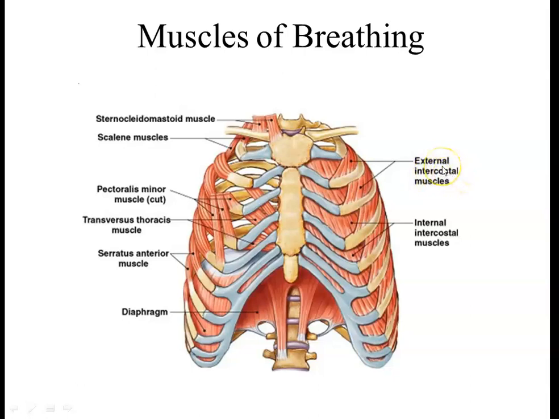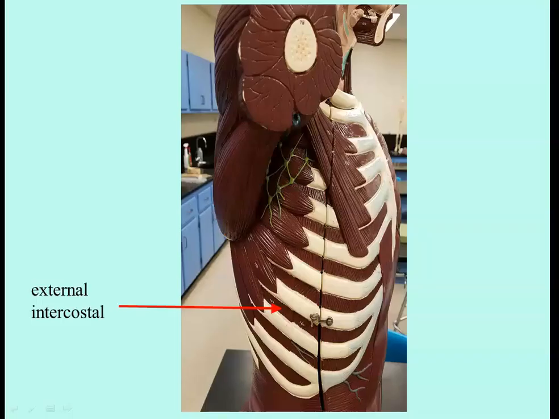So you've got two sets of muscles that are actually in between your ribs. These that come towards you, but they're on the outside, are the external intercostal muscles. Underneath those are the internal intercostal muscles. External towards the outside, intercostal between ribs. Internal underneath those, and I'll show you on the mannequin, you'll see it better.